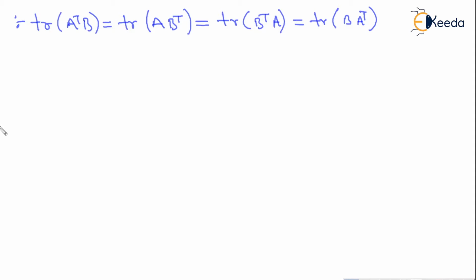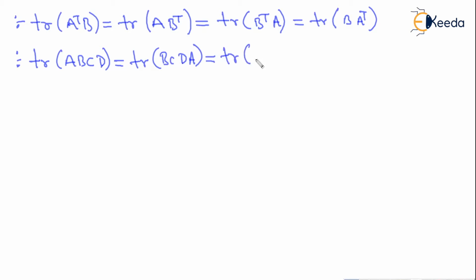And likewise, if you are finding the trace with more than two matrices involved in the multiplication, as long as you are not changing the cyclic order, you are going to get the same trace. So trace of ABCD will be the same as trace of BCDA, the same as trace of CDAB, and the same as trace of DABC.